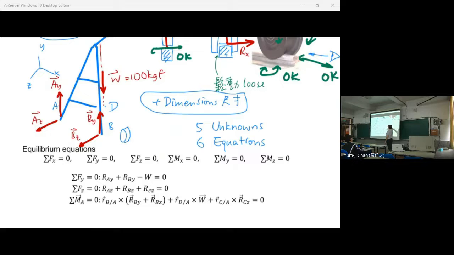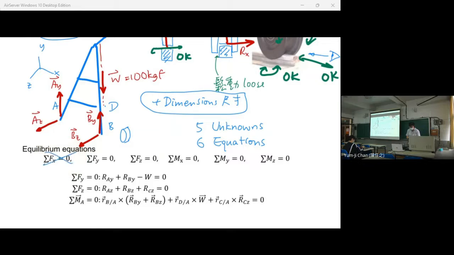The problem is in this lambda, it can move left to right. So all the forces are in the y or z direction, and no forces are in the x direction, and the lambda can move left or right. So we do not need to satisfy this one.